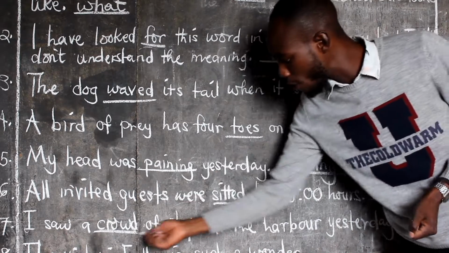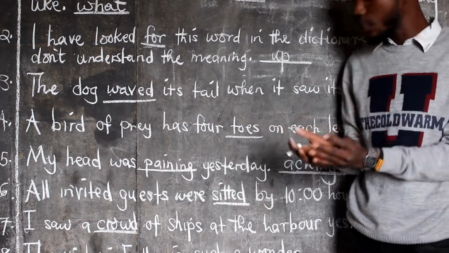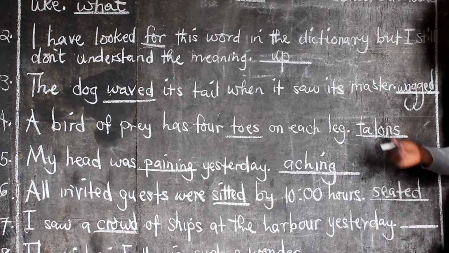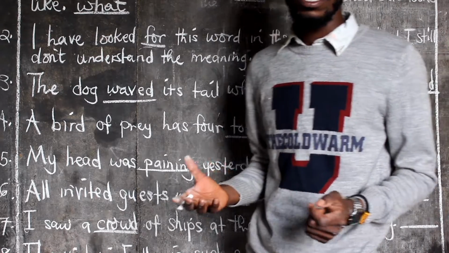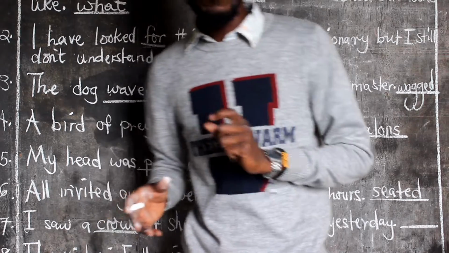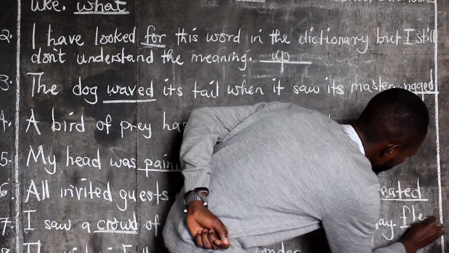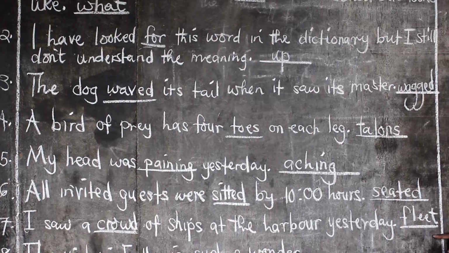I saw a crowd of ships. Now, we are looking for a noun to represent a group of ships, very big boats. We don't say a crowd of ships. Instead, we say a fleet of ships. It's a fleet, F-L-E-E-T. It's a fleet of ships.